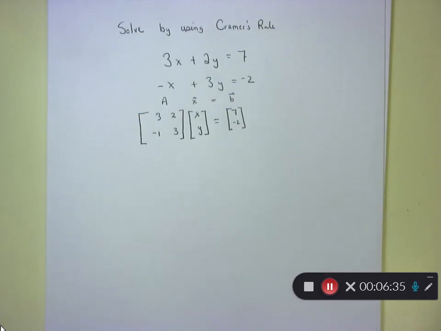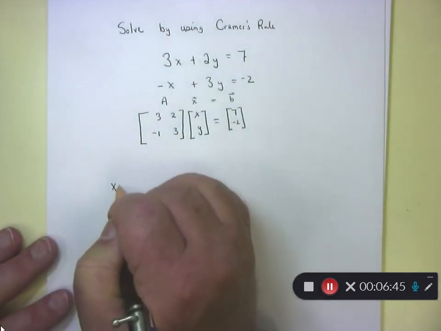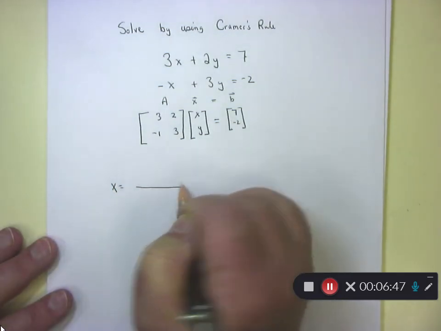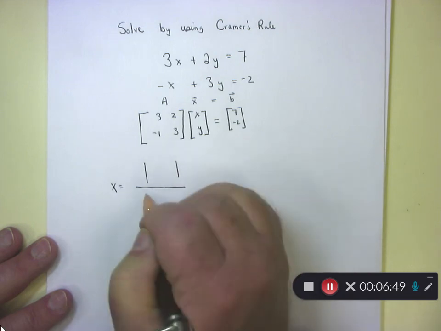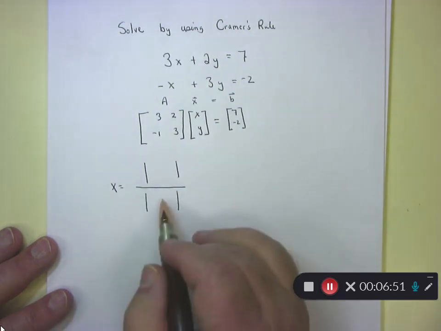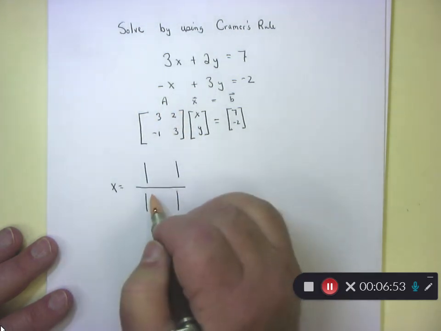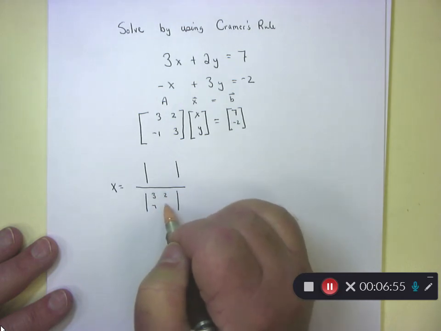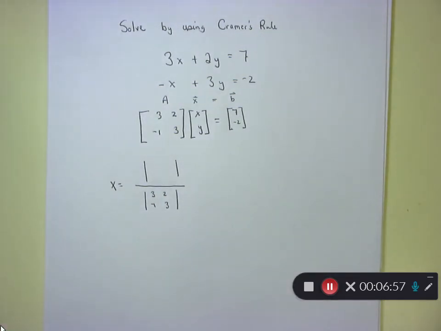Now, from that, we write up Cramer's rule on how to figure out your variables. There are 2 variables, x and y. So how do I solve for x? X would be equal to the determinant over determinant, and the denominator determinant is the coefficient matrix, 3, 2, negative 1, 3. Okay?